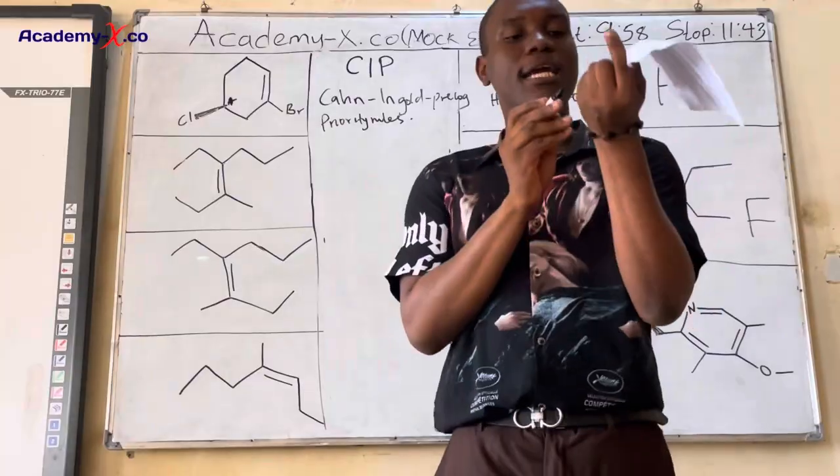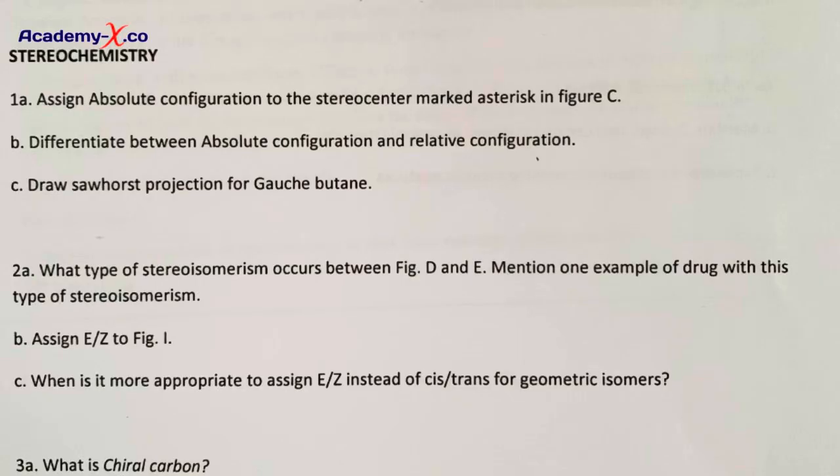Now, the Cahn-Ingold-Prelog priority rules say that if I have a stereocenter and I want to assign absolute configuration, I am only going to order the substituents in order of atomic number, not mass number. We are dealing with atomic number.